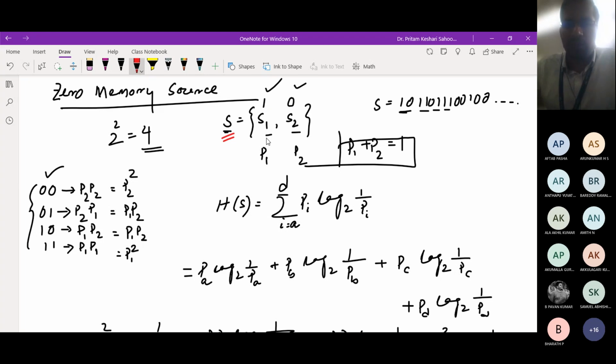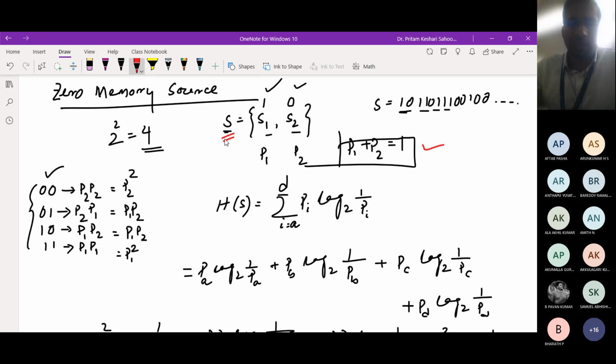The probability of transmission of bit 1 is P1 and the probability of transmission of bit 0 is P2, such that the sum of the two probabilities will become 1.